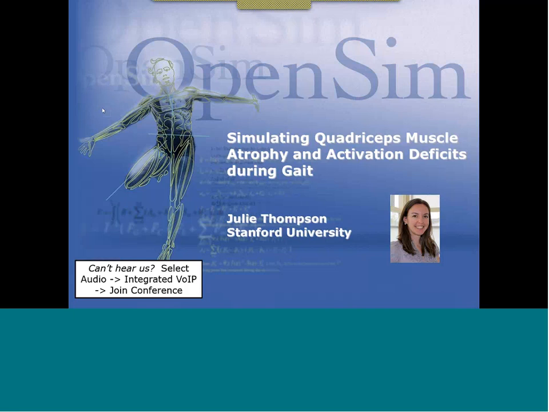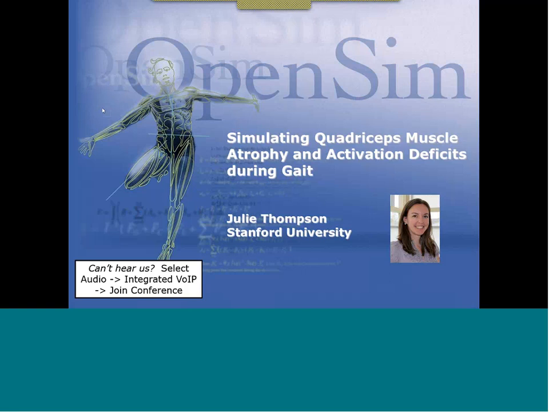So let's get started, but before we do, I'd like to introduce our speaker for today. Julie Thompson received her PhD in mechanical engineering from the Ohio State University this past December, where she was working with Dr. Rob Sisson in his neuromuscular biomechanics lab. Her dissertation focused on the effect of quadriceps weakness on lower extremity muscle function during gait. Then in January, she began working here in the Human Performance Lab at Stanford as a postdoctoral scholar.